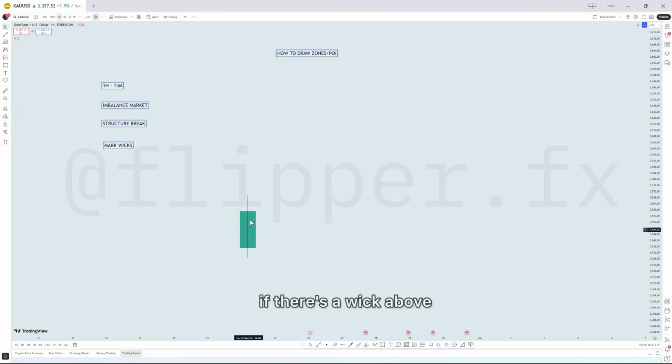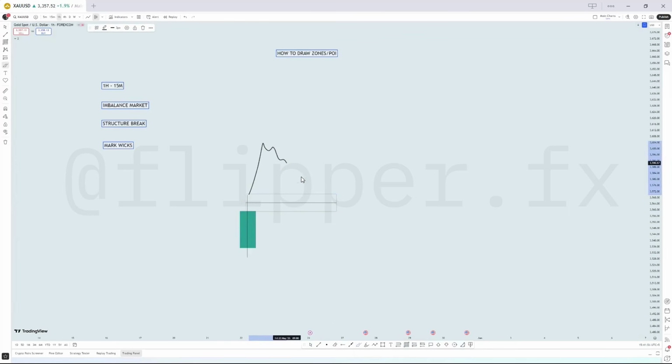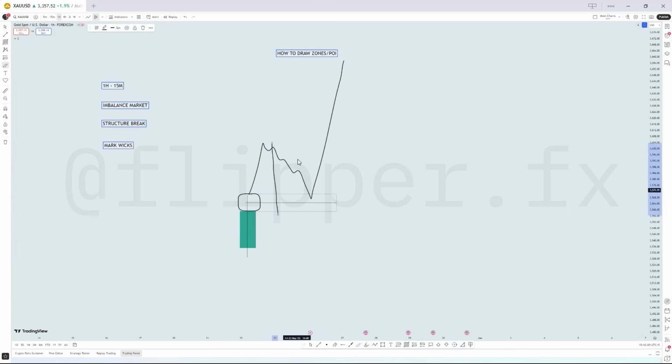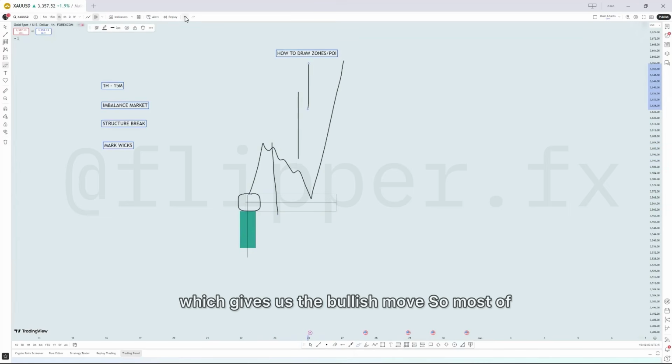If there's a wick above and a wick below, most of the time the market will go up, mitigate the wick on top first, hit that area and then continue moving up like this, because major volume can enter on the next candle after this wick, which gives us the bullish move.